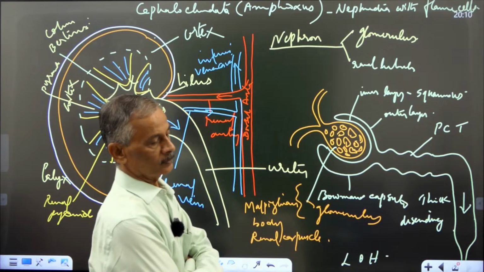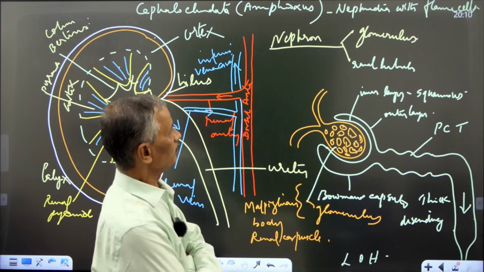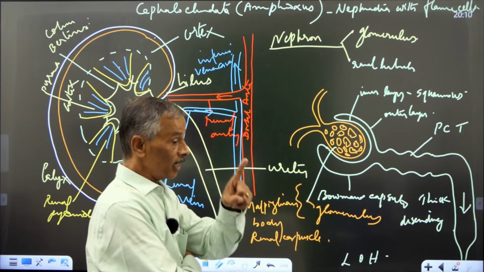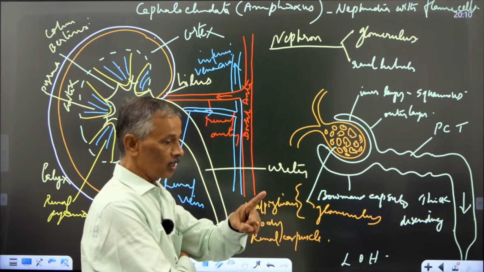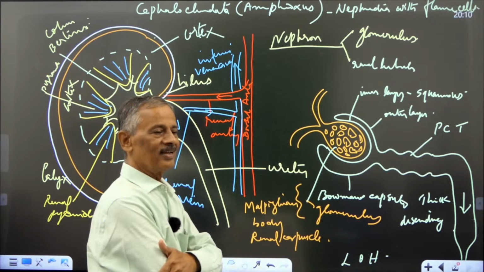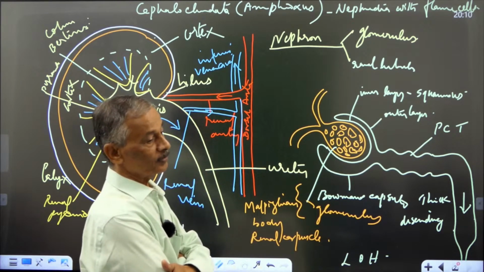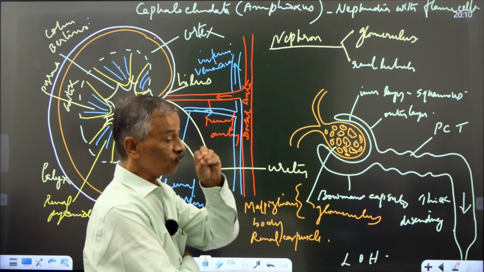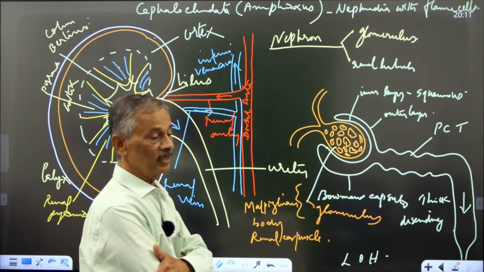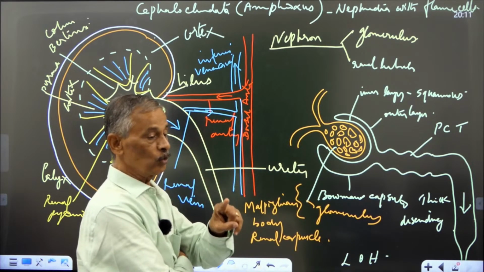Now, this kidney gets about 1/5 of the blood pumped by the ventricle. In the circulation, I have told you that each ventricle pumps about 5 liters of blood per minute. That is the stroke volume into frequency.